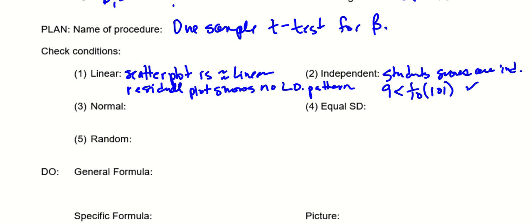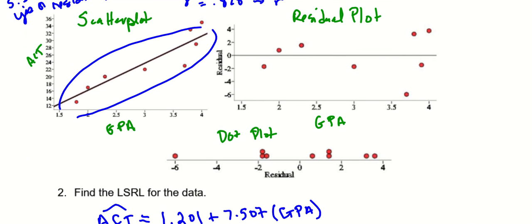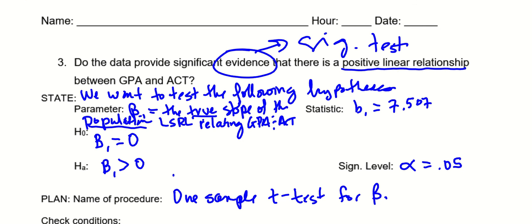For normal, we're going to look at our dot plot of our residuals. Let's go back and look at that. In our dot plot of our residuals, which is here, we see no strong skew or obvious outliers. Again, very small set of data, but that looks relatively symmetric, with nothing really outstanding that would warn us otherwise.